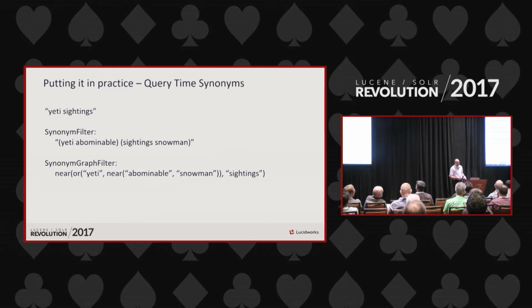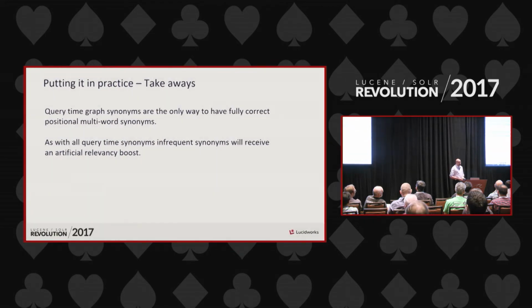So what's this mean? At query time, using the graph synonym filter will give us correct positional searches, whether they're one-word synonyms to one-word synonyms, one-word synonyms to two-word synonyms, two-word synonyms to one-word, or even longer, 3- or 4-word synonyms.